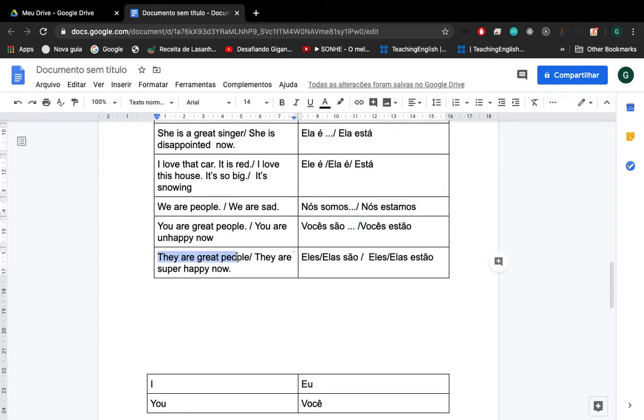They are great people. Who are they? Remember, the only way I can tell this in Portuguese, if they are male or female, is to take a look at the context of the sentence that was said before they use the pronoun they. Okay, so they are great people.